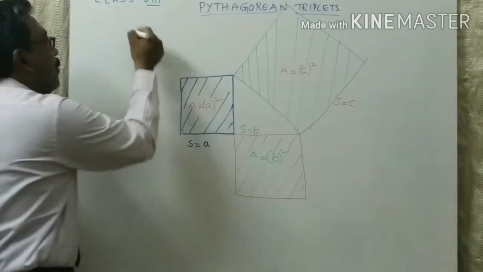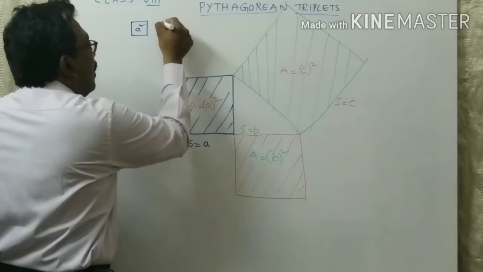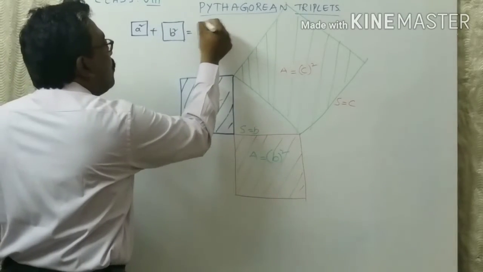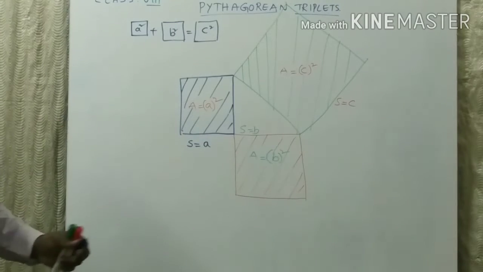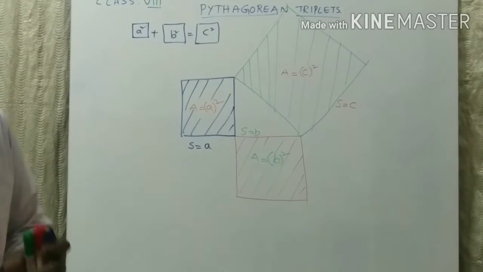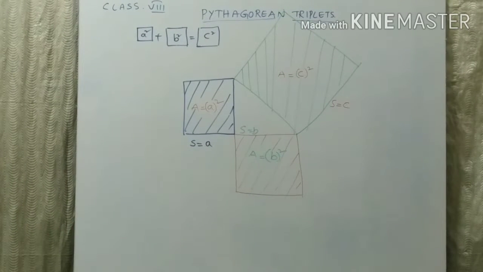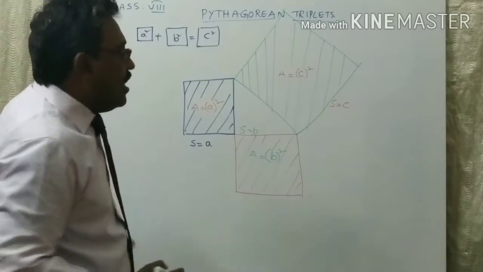That means this is A square and this is B square. If you add, one more square will come. The area of one square plus the area of one square is equal to the hypotenuse square.